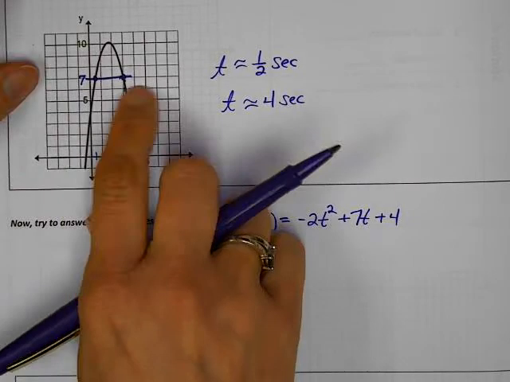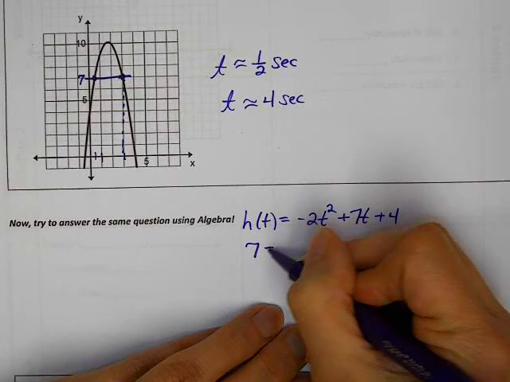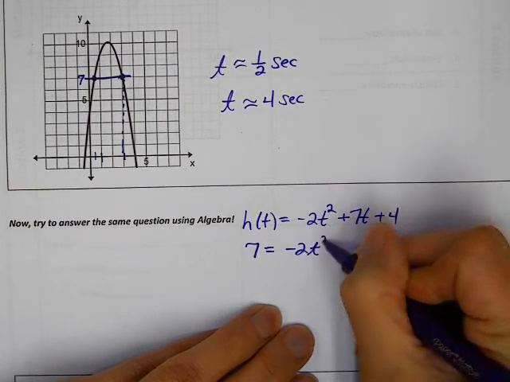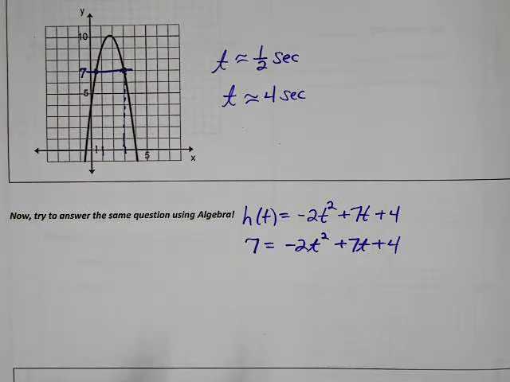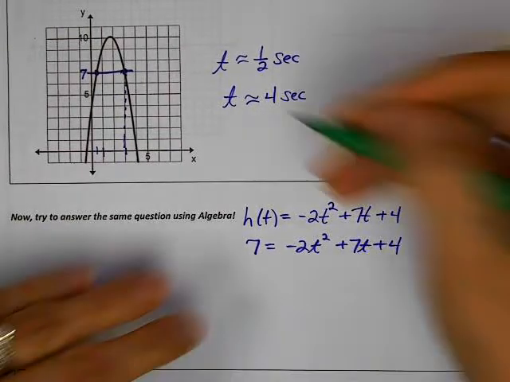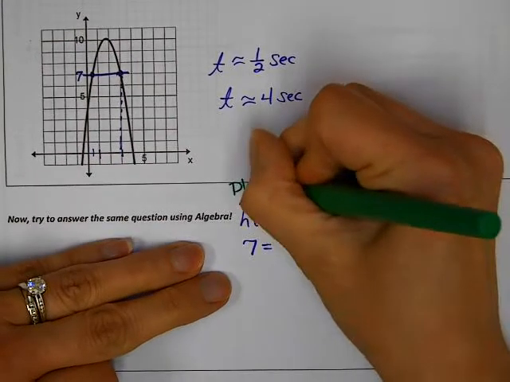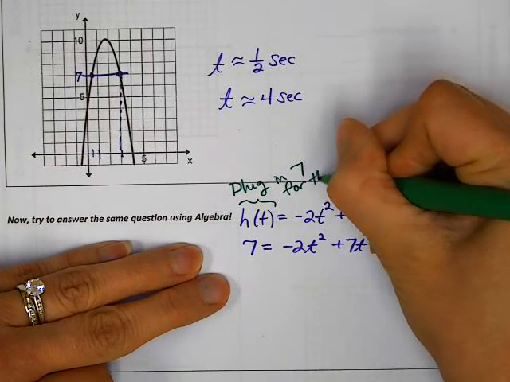I want to know where it equals a 7. So I'm going to say, when does this equation equal a 7? We plug in 7 for the height. Let's write that down.